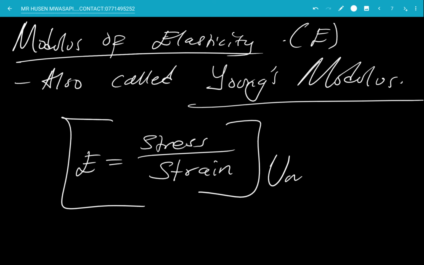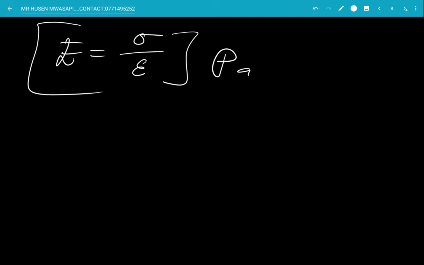Now the units for Young's modulus are simply gigapascals because the size is quite big. Alright, so now we know that E, which is Young's modulus, is equal to stress over strain, units pascals, and we can find means of manipulating this formula. Say we have been asked to find a different quantity other than the Young's modulus.